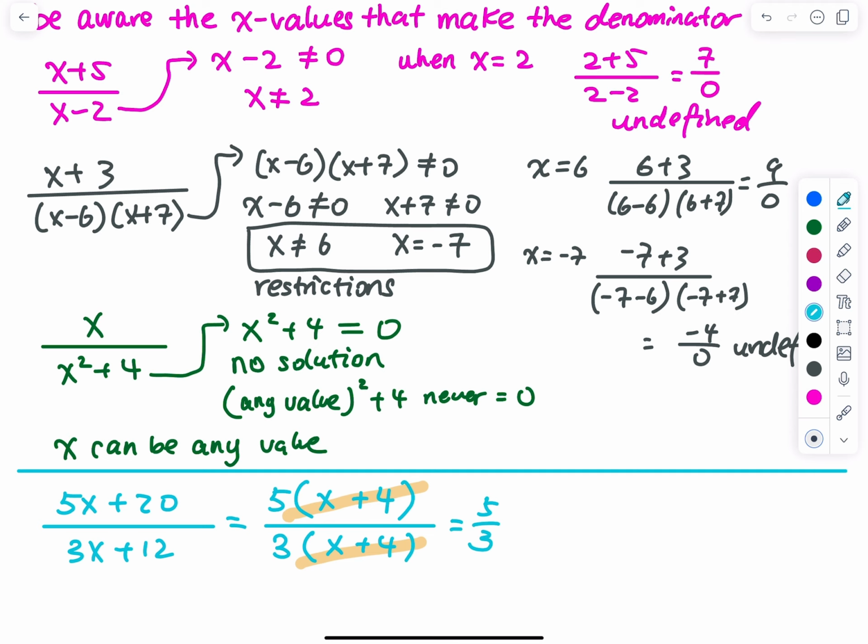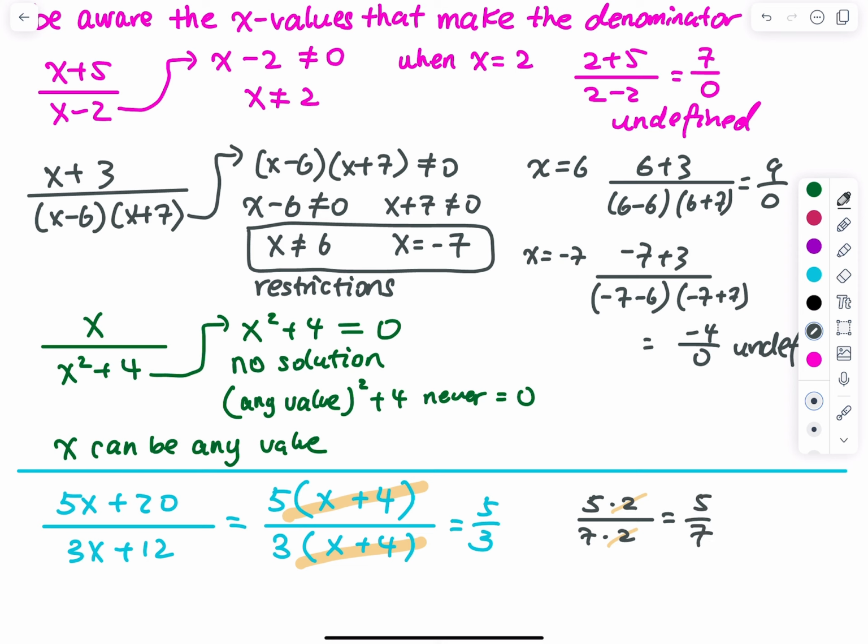Oh, in case you are wondering about the cancellation, let's say 5 times 2 divided by 7 times 2. This one is all multiplication, so you can just cancel out the 2. That is equal to 5 over 7.